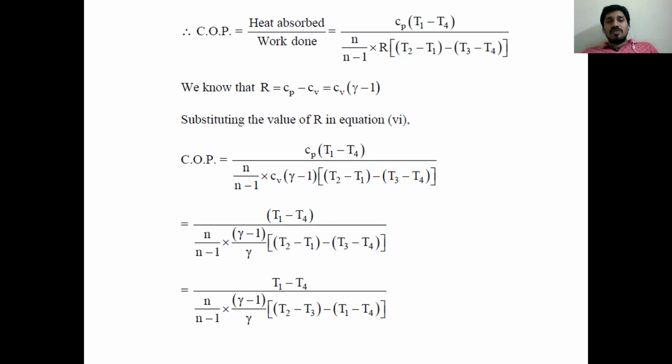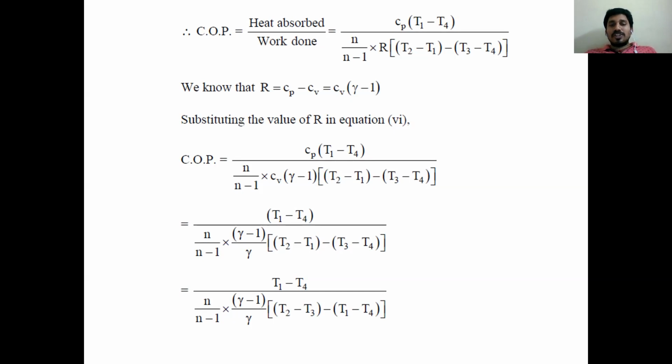So instead of R, I am going to write Cv in brackets gamma minus 1 in the above equation. Then the COP equation comes like that: Cp T1 minus T4 over n by n minus 1, and instead of R I wrote Cv gamma minus 1, T2 minus T1 minus T3 minus T4 in brackets. In the numerator I have Cp, in the denominator I have Cv. Cp by Cv gives gamma.